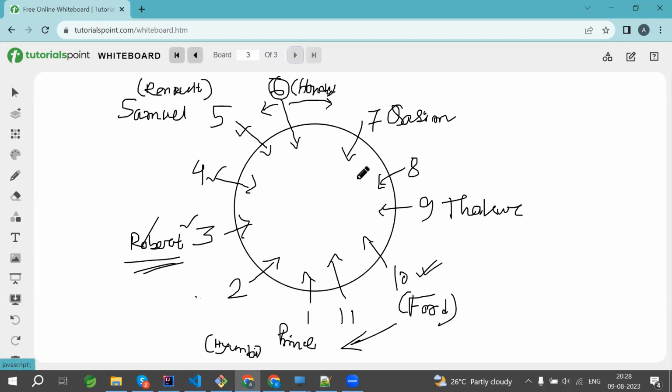So which are blank now? 11 is blank, 8 is blank, 4 is blank. Okay.